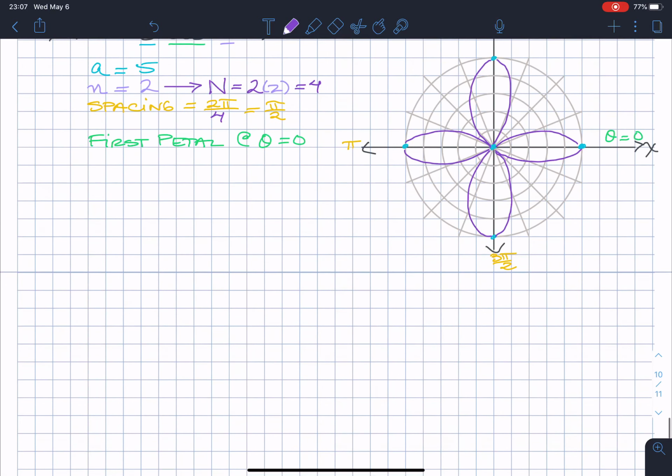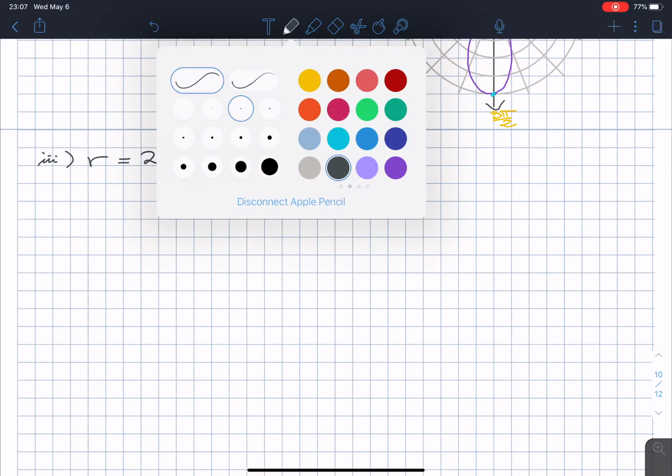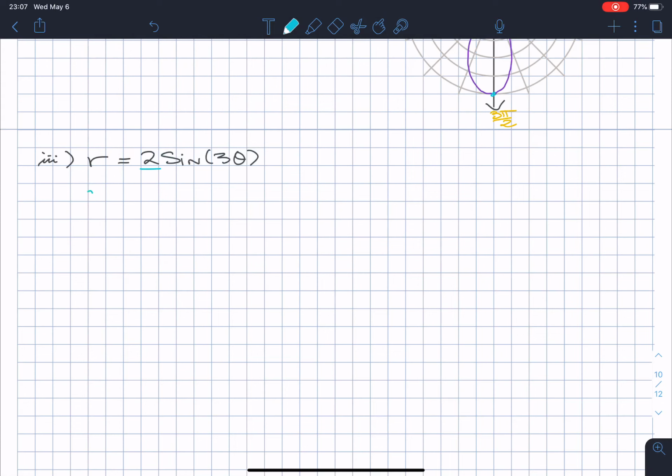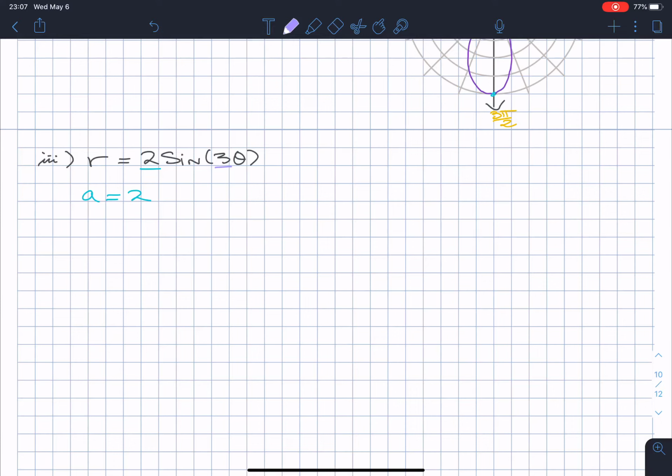Now let's try for sine. Let's do a couple involving sine. So number 3. So let's say we have r is 2 sine of 3 theta. Okay, so once again, the petal length here is 2. The coefficient of theta is 3, which is odd. So the number of petals is also just 3.